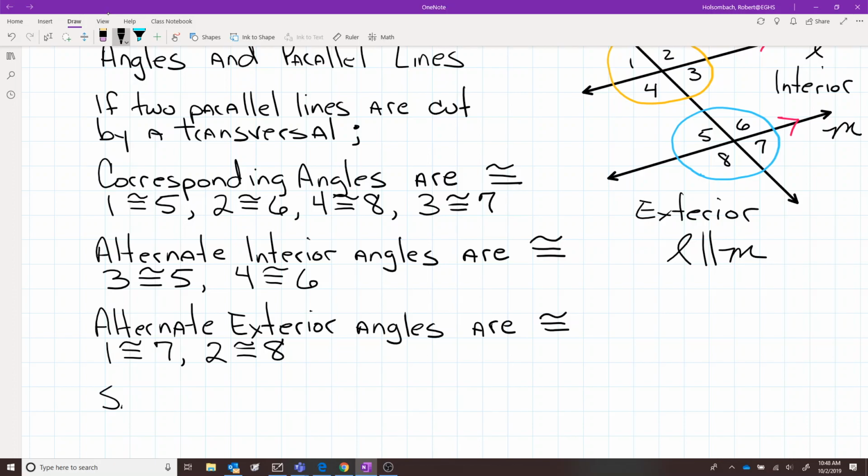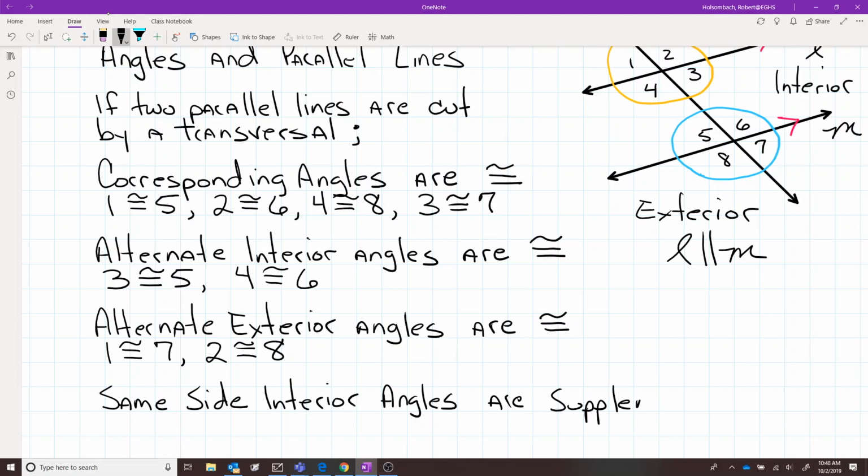So same side interior angles are supplementary. Same side interior are supplementary.